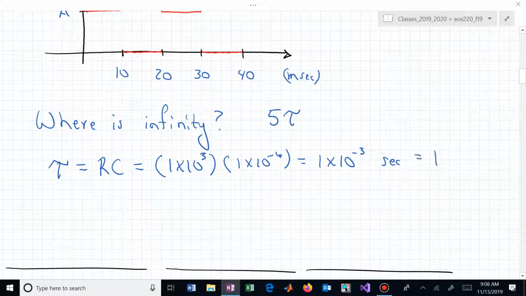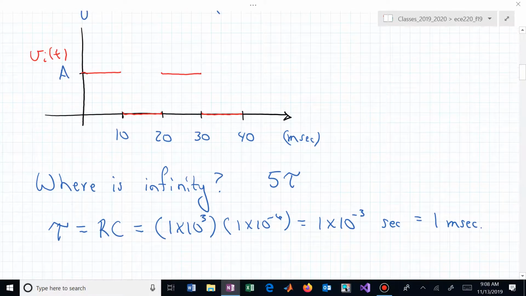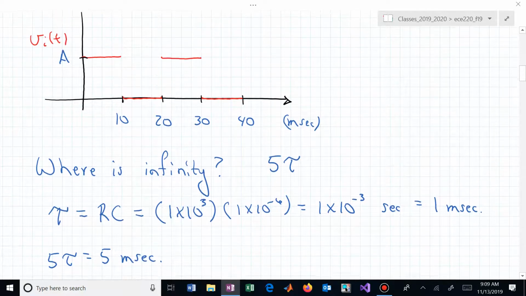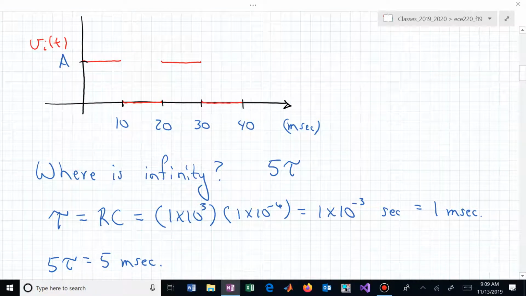We now have tau being 1 millisecond. And if we have to wait 5 of those to reach infinity, we now have 5 milliseconds for our transient to be finished or completed.